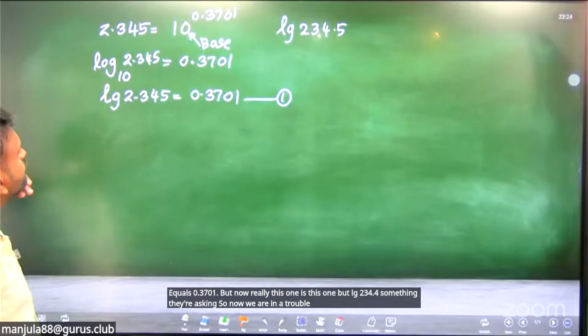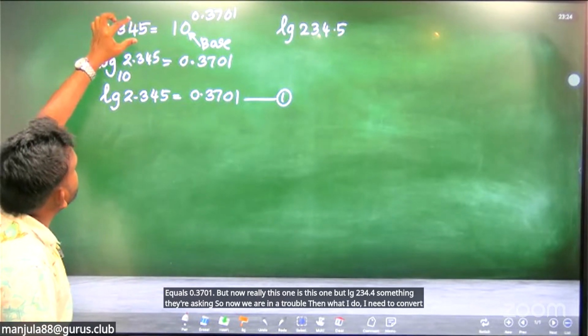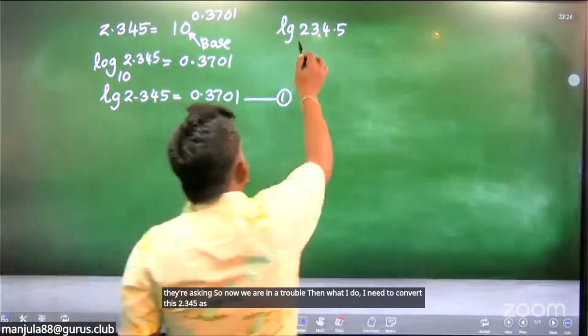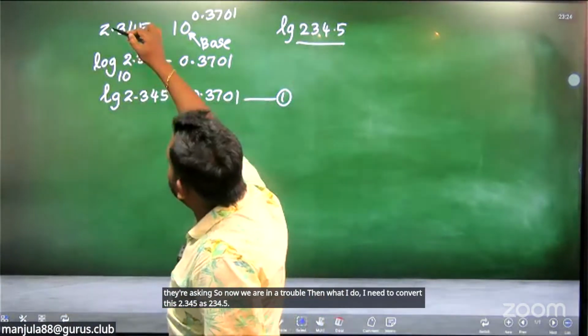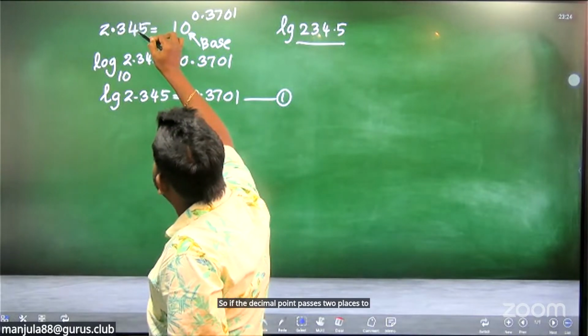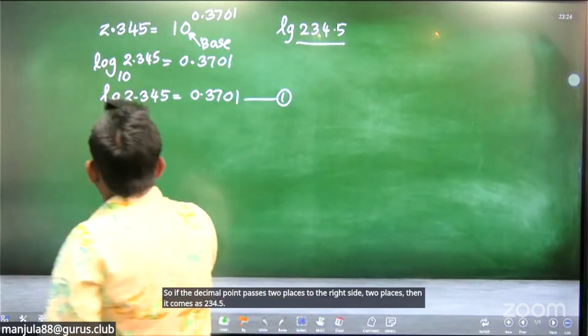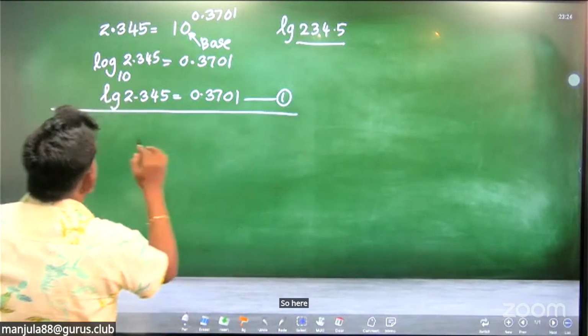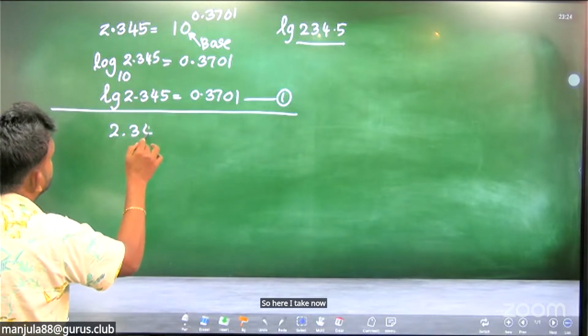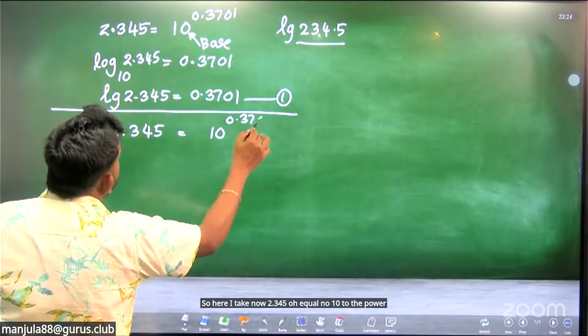Then what do I do? I need to convert this 2.345 to 234.5. If the decimal point passes two places to the right, then it becomes 234.5. So here 2.345 equals 10 to the power 0.3701.